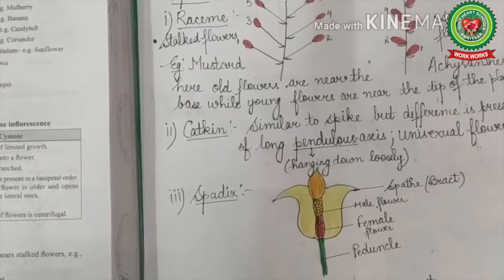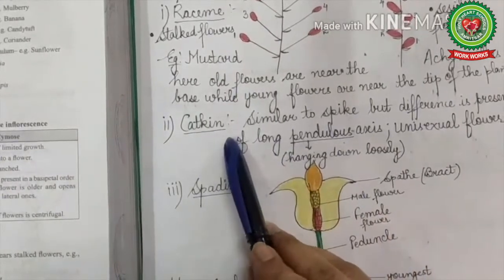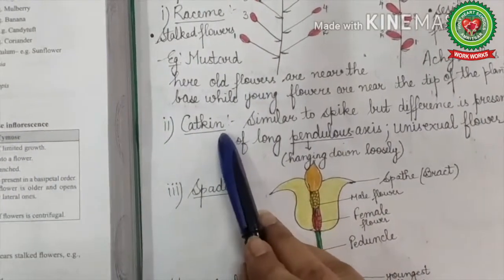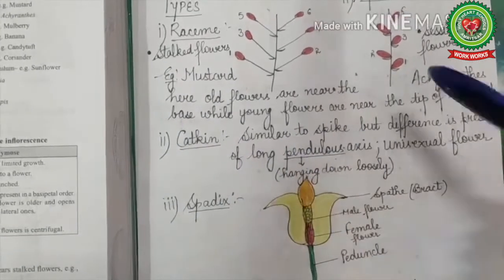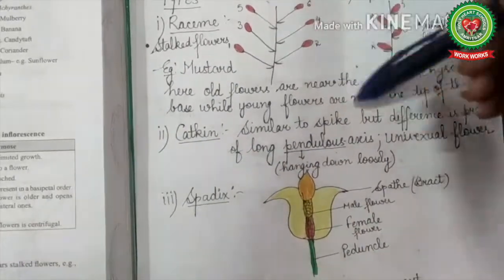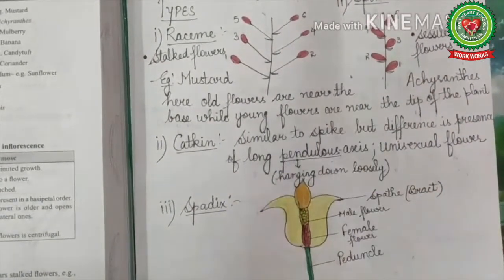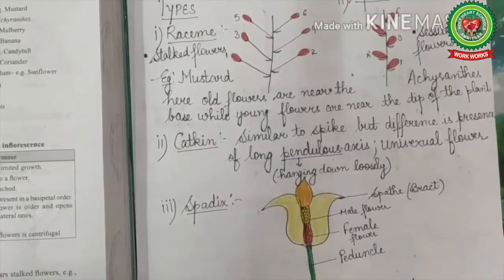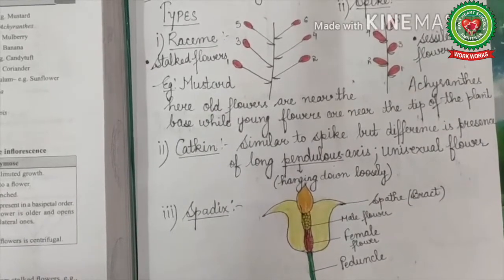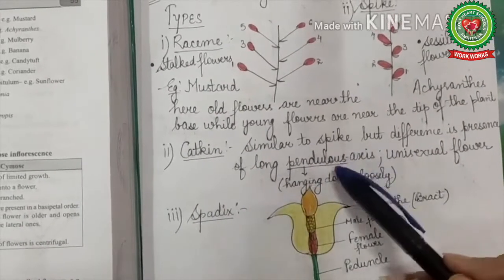Now talking about the third one, catkin. In catkin, I have mentioned here, it is similar to spike. All these are types of racemose inflorescence. The difference is the presence of a long pendulous axis. The word used here is pendulous.